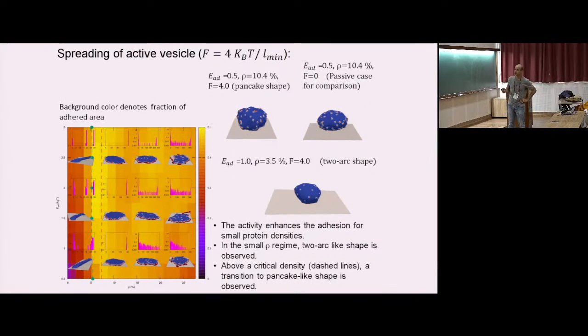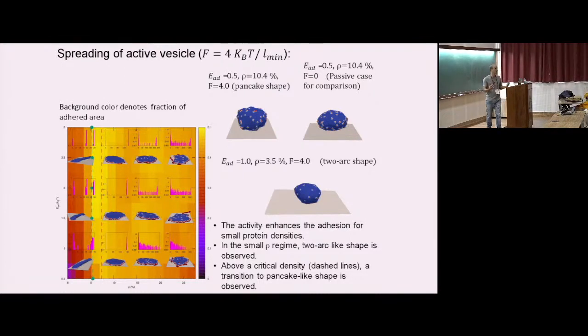And what you can already see from these movies, and also from this phase diagram, if you look more carefully, is that the big advantage that you see so far from putting on the force is that you can actually be in a regime where the passive case doesn't actually spread out very much because the density is just not enough.